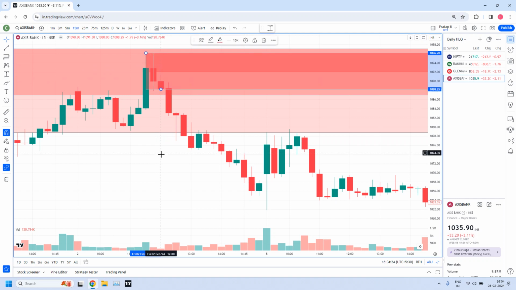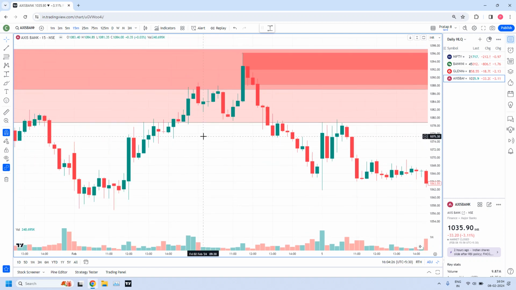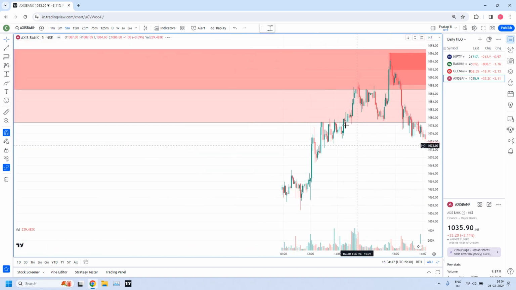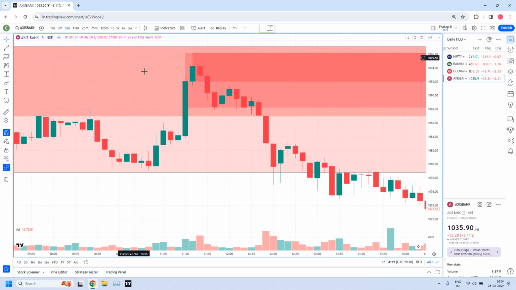Like this. And within this 15-minute zone, again a 5-minute zone we have identified. See here we have a rally, 2 base candles and a drop candle, follow through candle. And again prices were trying to go up, but there are some rejections from here and moved down.